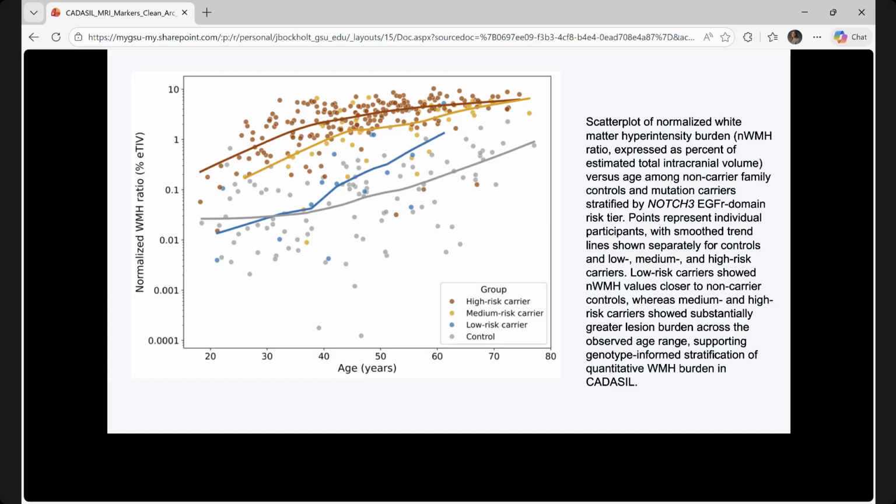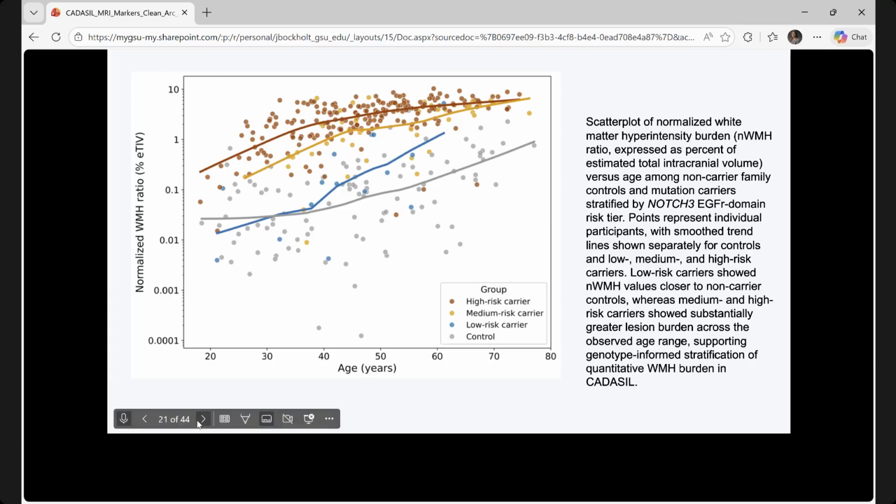While they all eventually lead to the same total amount of burden, the amount of time it takes to get there is accelerated depending on where the Notch3 mutation is located.